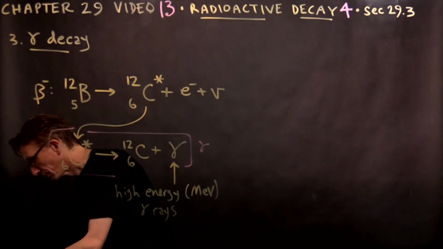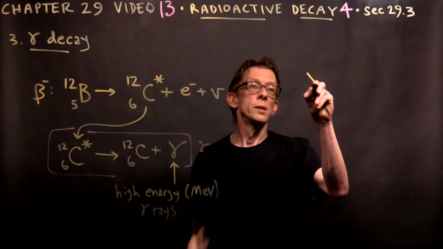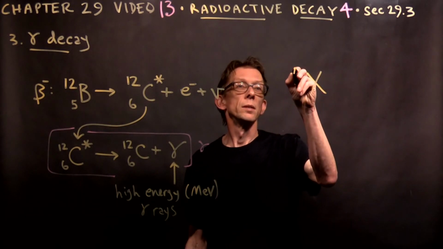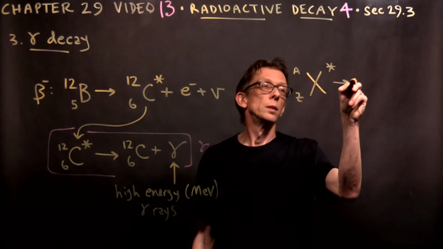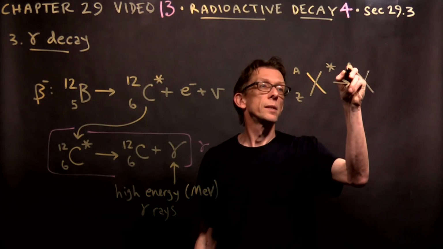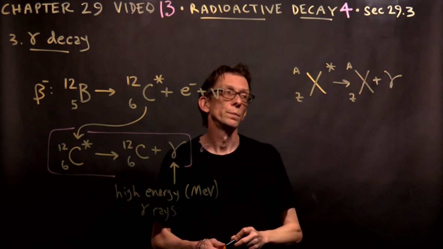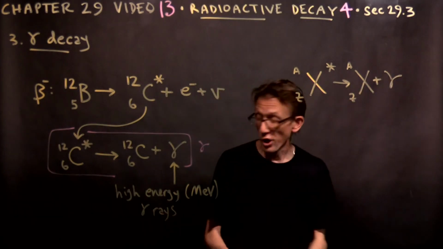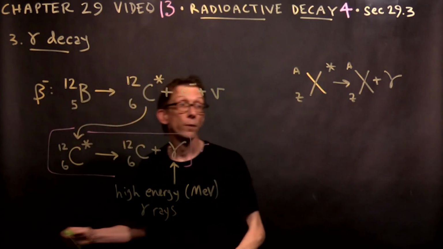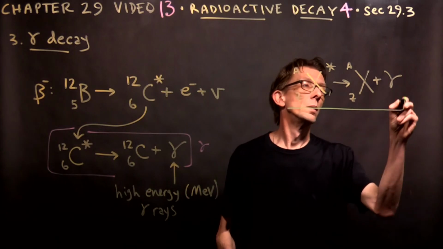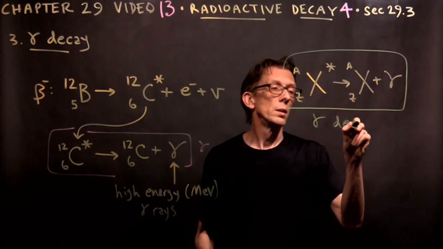So the gamma decay in general is X, A, Z star goes to X, A, Z plus gamma. That's the general expression for gamma decay.